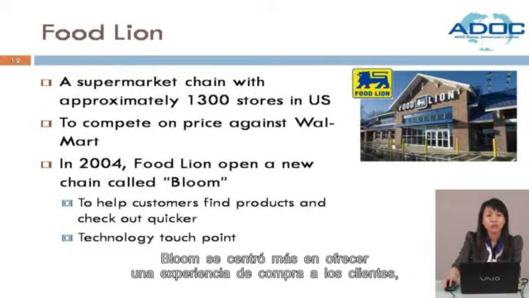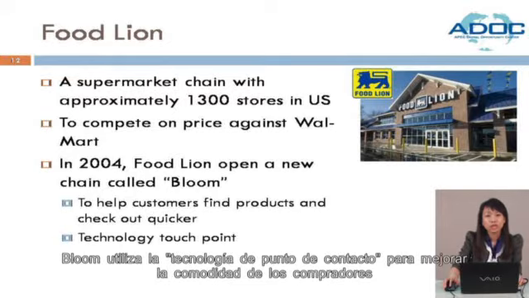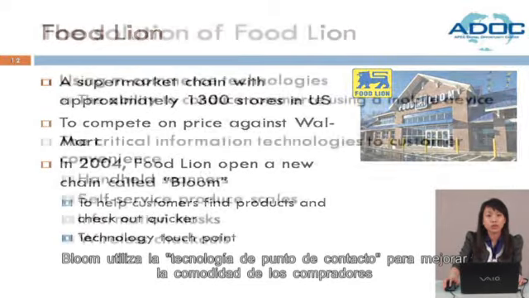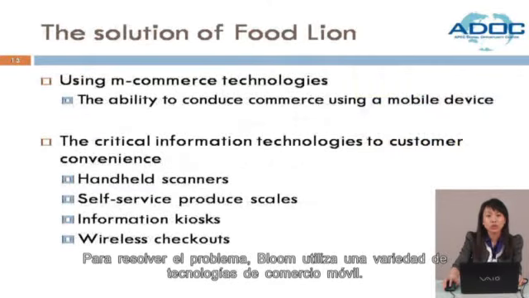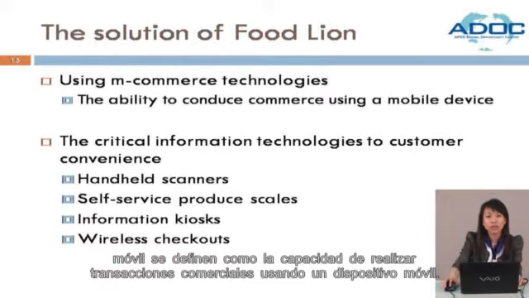Bloom focused on providing a better shopping experience that would help customers find products and check out quickly. It used technology touch points to improve the convenience for the shoppers. To solve the problem, Bloom uses a variety of m-commerce technologies. As we have mentioned before, m-commerce technology is defined as the ability to conduct commerce using a mobile device.